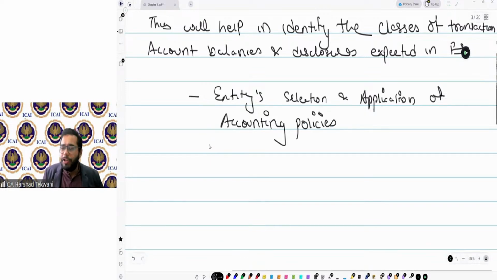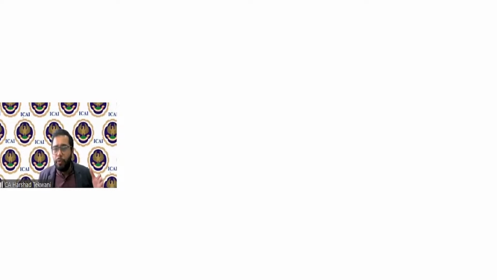Because at times, different entities will record their revenue in a different way, and will calculate estimates and depreciation in a different way. So I need to understand the entity's selection and application of accounting policy, FIFO, weighted average method, or the percentage of completion method for recording the revenue. Do you think it is appropriate when the company is a wholesaler of goods?